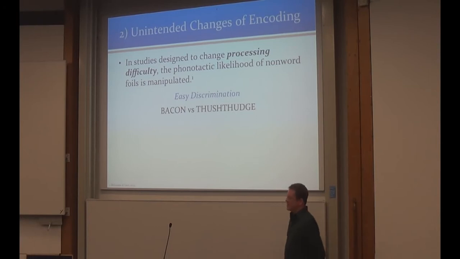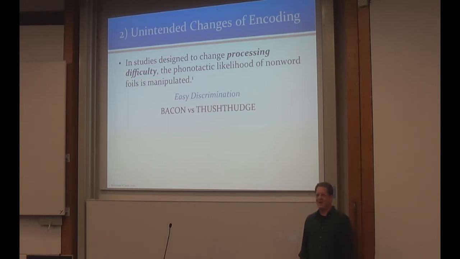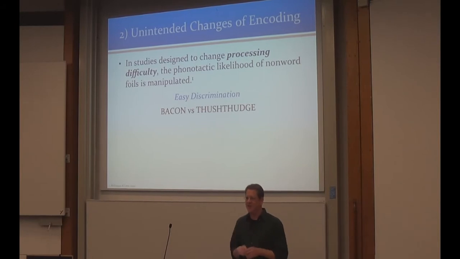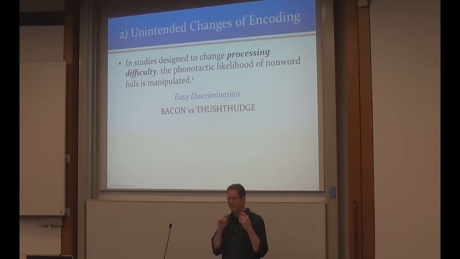An easy discrimination might be the word bacon as one of the stimulus words, and thus fudge as one of the non-words. If you're making rapid lexical decisions for all of 15 seconds to do 12 trials, and you hear something that sounds like bacon, you can make a fast word response. If you hear thus, you can make a fast non-word response.